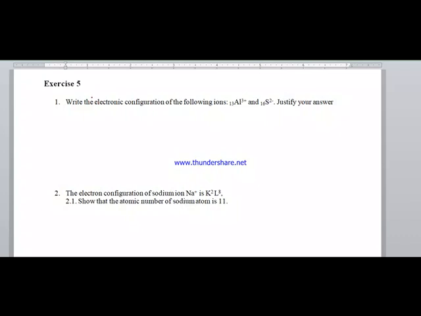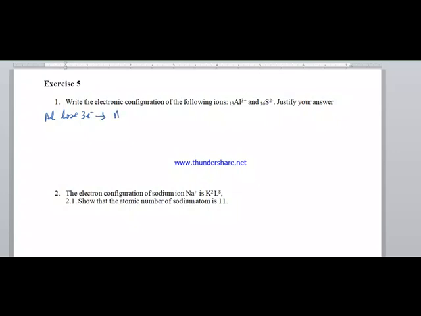Okay, let's continue with exercise 5. Write the electron configuration of the following ions. To write the electron configuration of the following ions, we must find the number of electrons. The aluminium ion is formed when an aluminium atom loses 3 electrons.